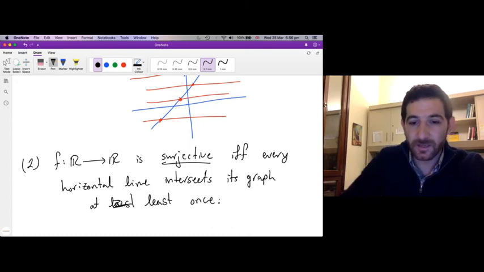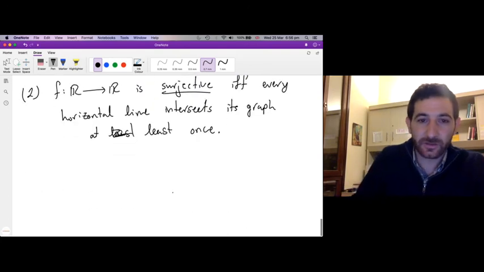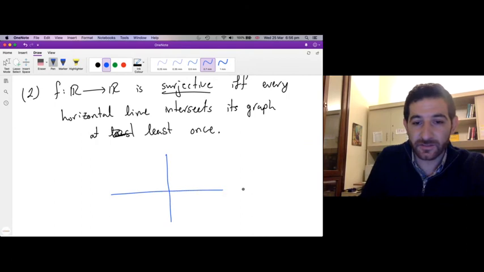Why is this? Let's see. What does it mean for a function to be surjective? And this function is defined from R to R.